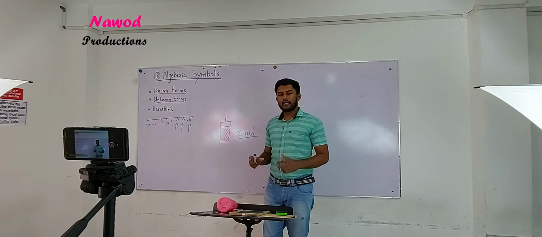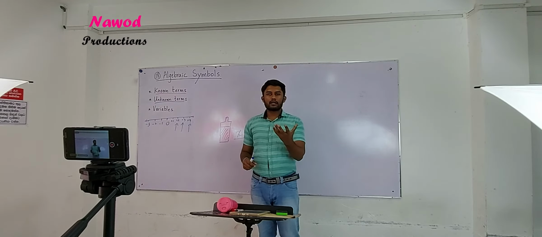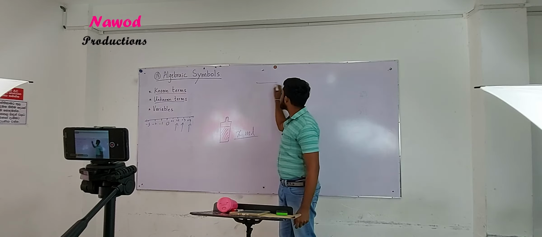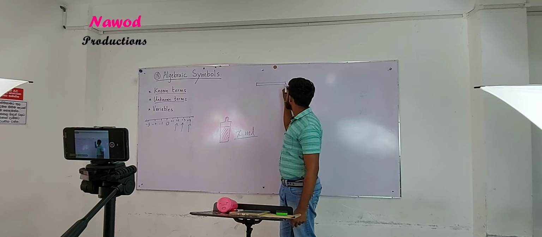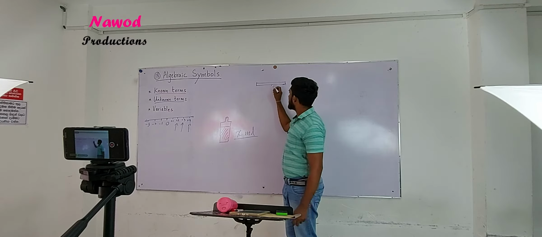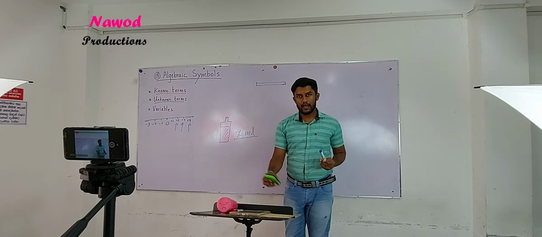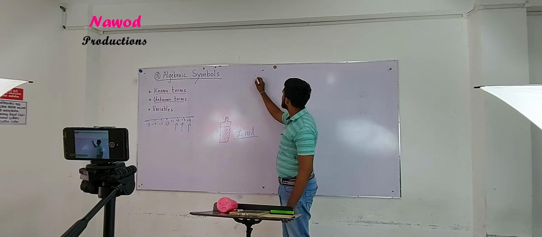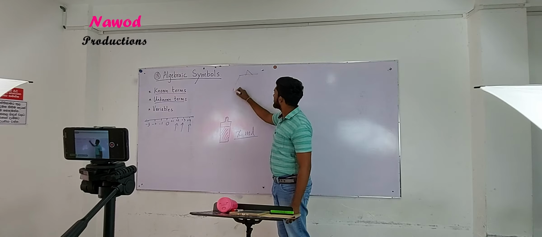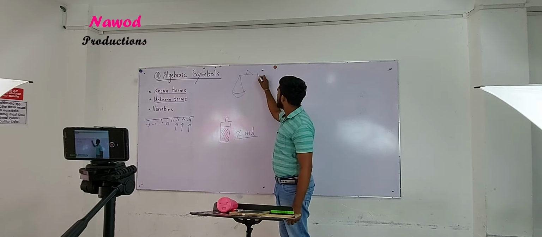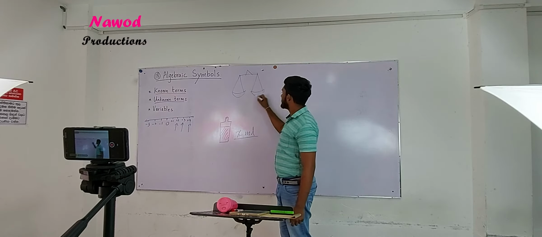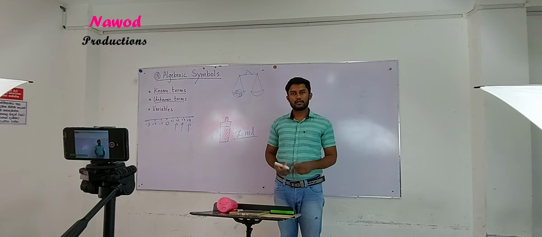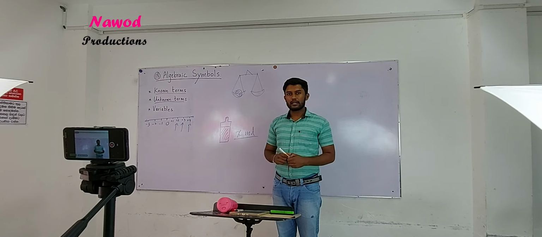Let's say we take a stone, and we are measuring the weight by using a balance. Can you remember the balance? By using the balance, we are measuring the mass of a stone.